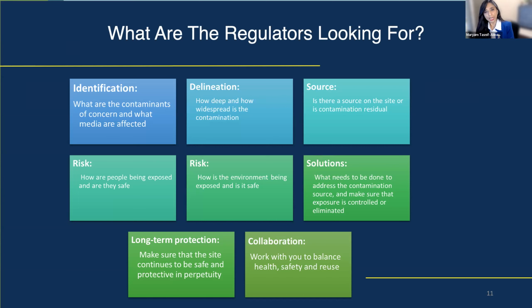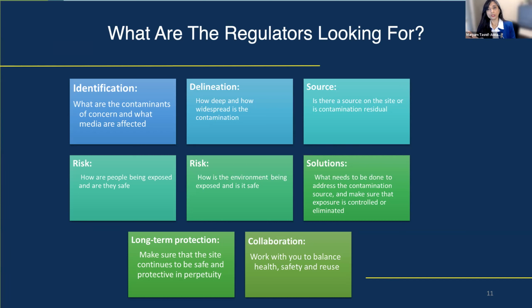When we have those answers, then we move into how deep and how widespread is the contamination. It's something in the business we commonly refer to as lateral and vertical delineation of the contamination in the various media. So a lot of the iterative investigation that I spoke about in my previous slide, that is how we go through the process of delineation.